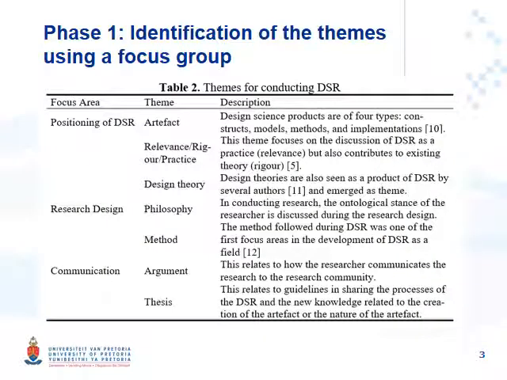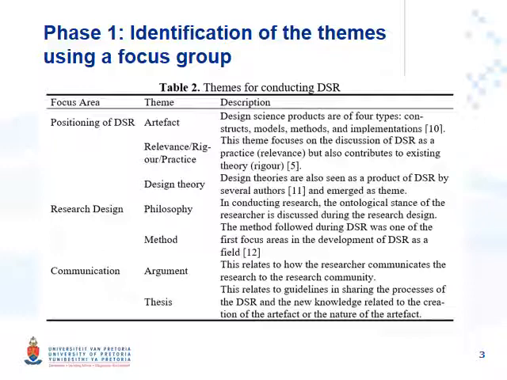So in the first phase of conducting the systematic literature review, we did a thematic analysis and we came up with 7 different themes: the artifact, the relevance rigor practice theme, the design theory theme, the philosophy, the method, the argument, and the thesis.